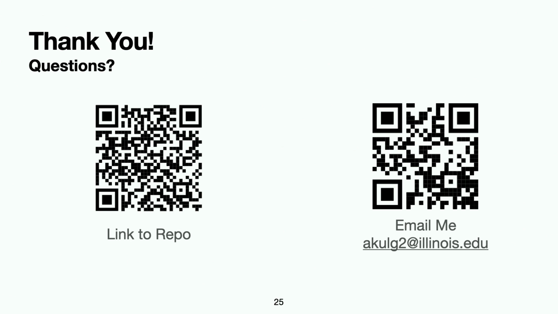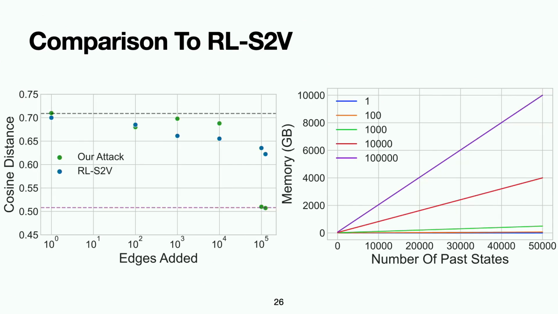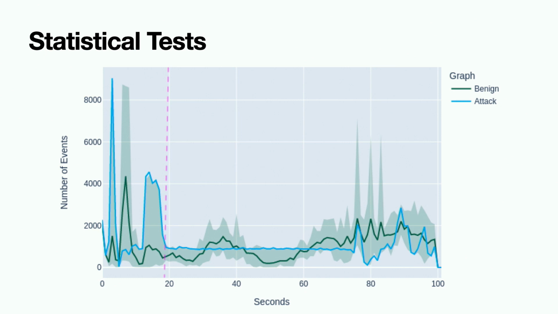And I should actually show you. We produced a statistical test where we had the average benign graph and the average attack graph. And you can see that over the time period of an average benign graph, the attack seems hard to spot. So yeah, it could take anywhere from days to a week to create this attack.